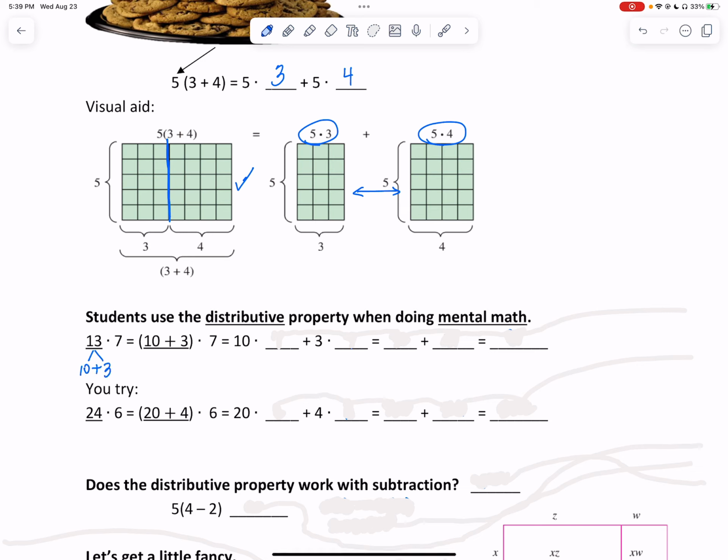And then I distribute my 7 to both of those. I distribute my 7 to my 10 right there, and my 7 to my 3. So I wind up with 70 and 21. I add those two together and get 91.